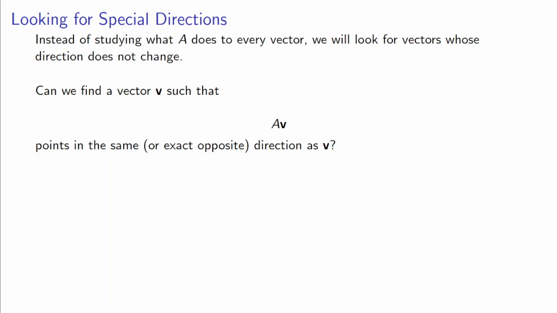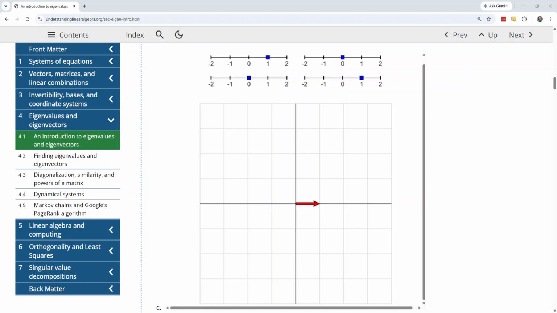What I'd like to do is switch over here to our book, which includes this really nice applet in the section that allows us to input a particular matrix, as long as the values are between -2 and 2. So let's put our matrix in: 1, 2, 2, 1. We're going to use these sliders here.